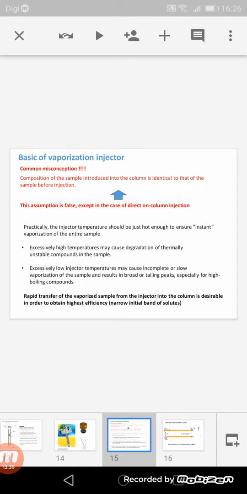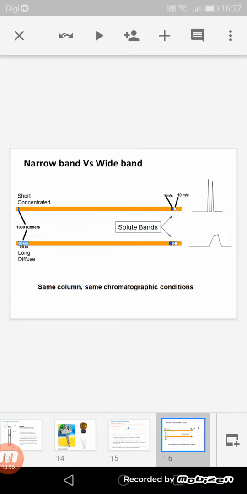Therefore, rapid transfer of the vaporized sample from the injector into the column is desired in order to obtain the highest efficiency and a narrow initial band of solute. So basically narrow versus broad: a short concentrated band versus a long diffuse band.